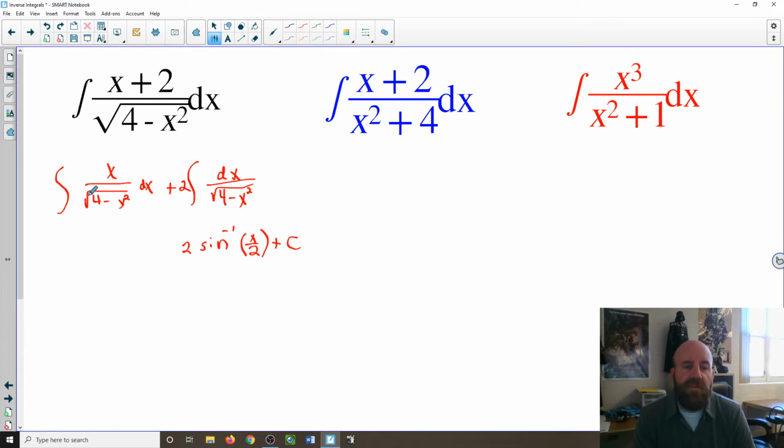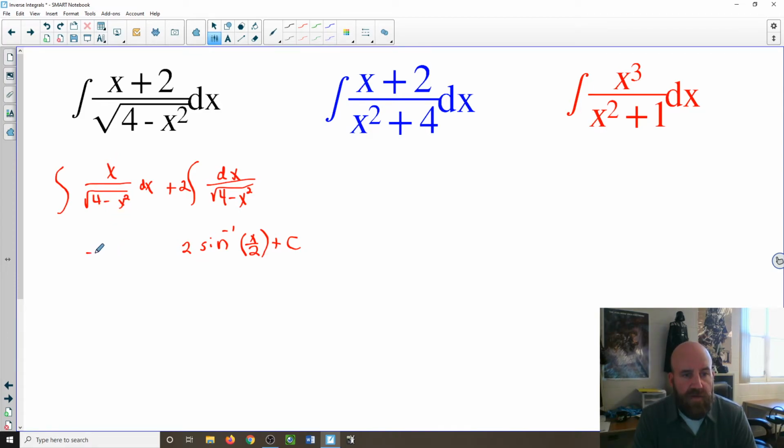Now this one we would solve by doing some u substitution. So if we substitute, our u would be the 4 minus x squared, and the derivative of the inside would be 2 dx. So we would have 1/2 out there, and then we would integrate, because we would have 1 over u to the 1/2 power.